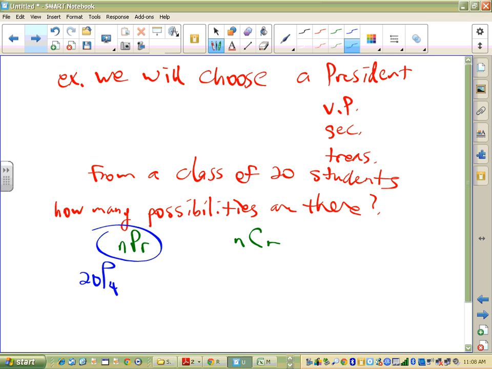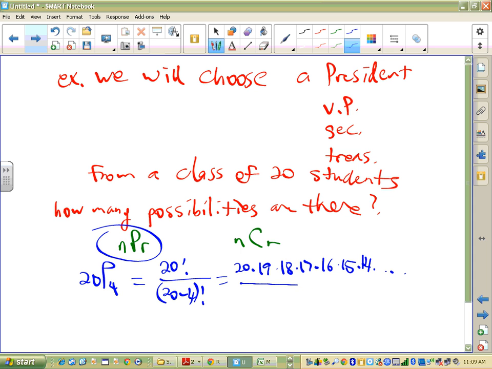So we have 20, and we're choosing 4. By the formula, this is 20 factorial over 20 minus 4, the quantity factorial, so that's 20 times 19 times 18 times 17 times 16 times 15 times 14 and so on, over 16 times 15 times 14 and so on. All that's going to cancel. So if you're using a Samsung Galaxy, you would multiply 20 by 19 by 18 by 17.